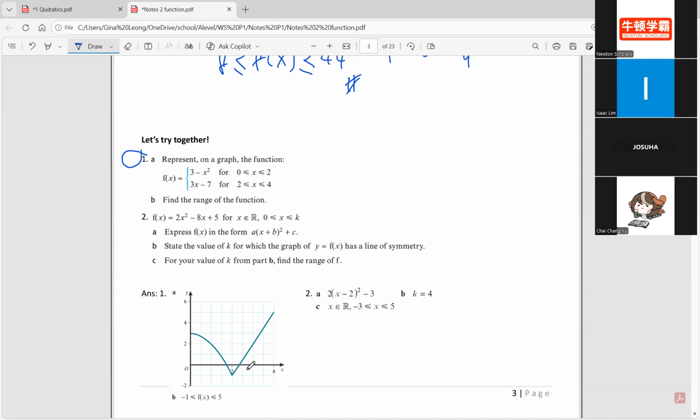The 4 is actually on 5. When I replace this one here, 3(4) minus 7, I get 5, right? So actually this point is (4, 5).